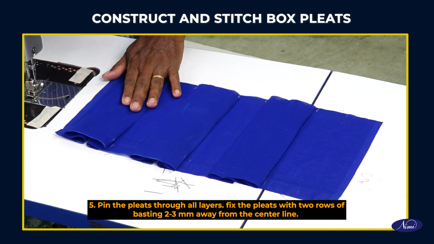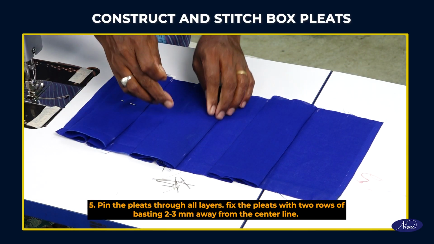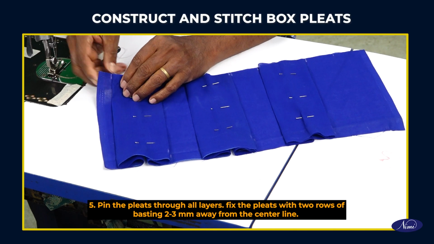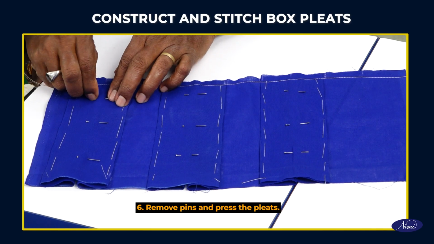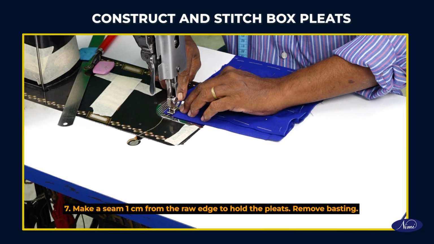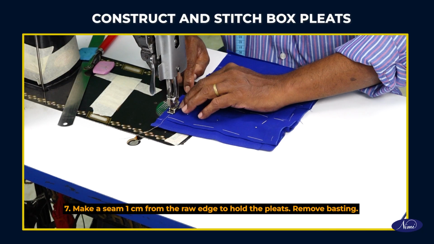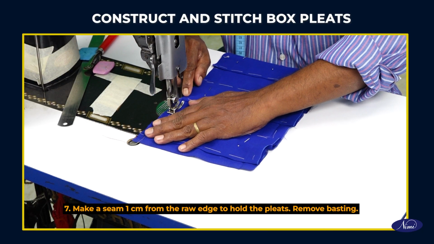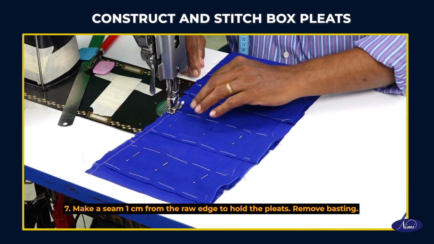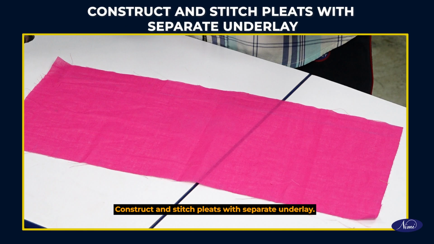Fix the pleats with 2 rows of basting 2-3 millimeters away from the center line. Remove pins and press the pleats. Make a seam 1 centimeter from the raw edge to hold the pleats. Remove basting.